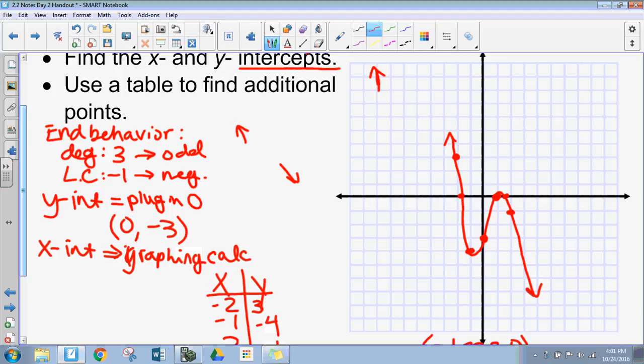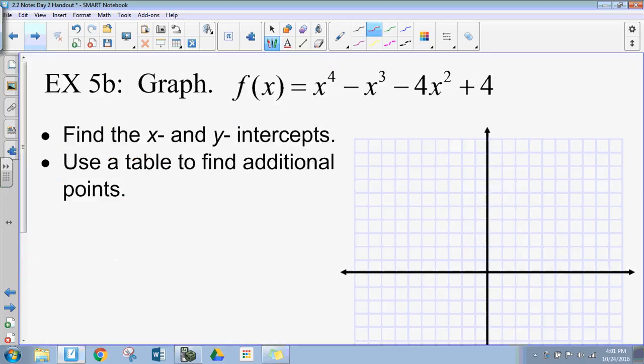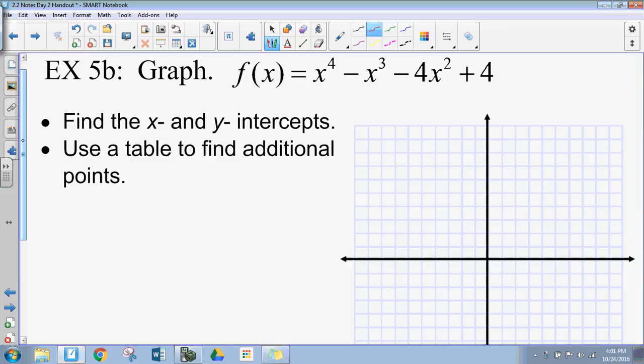Okay, we're going to do this one more time to give you an idea of an even degree function. Okay, so first thing we're going to talk about is our end behavior. So our degree, our highest exponent is 4, which is even.